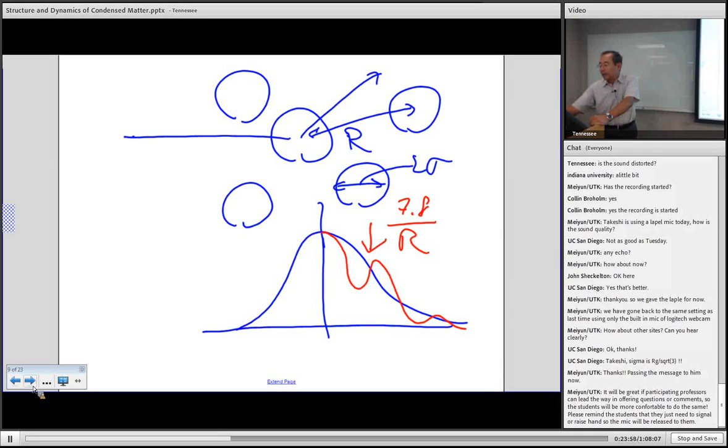But anyway, the important point is not just this number. This number is detail, not important. But the important thing is it's inversely related to R. So if the distance is large, then the Q value is small. Okay, it's always the case. Q and R are inversely related.